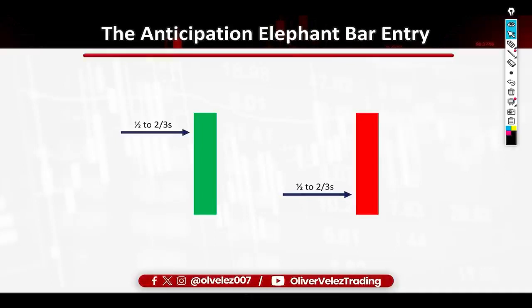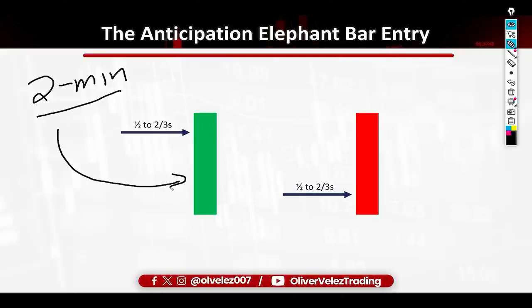The anticipation entry on an elephant bar is when you buy into the elephant bar before the elephant bar is finished forming. So we're going to assume that we're using a 2-minute chart. All right, so this is a 2-minute bar. An anticipation elephant bar means that you're going to buy into this bar before the full 2 minutes is over.